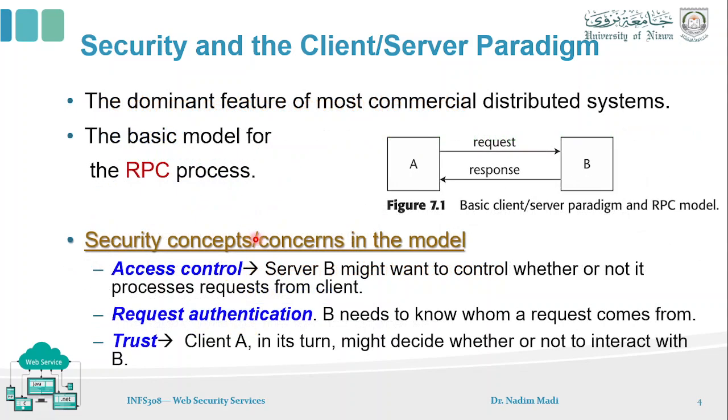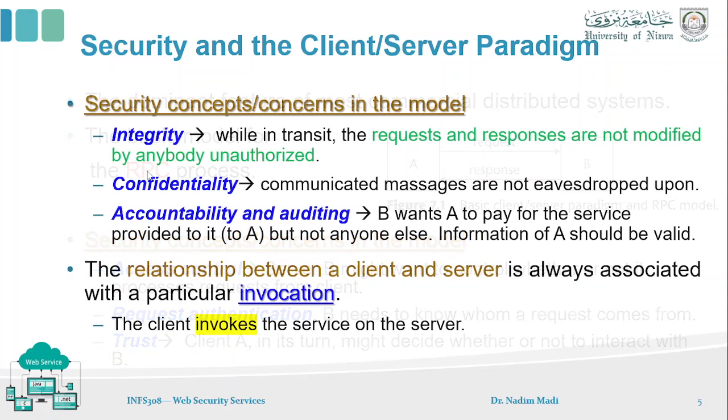You need to expect this as a kind of question, by the way. Whenever you are asked to discuss the client server model and what the security concerns are, that's the scope of your discussion throughout the 6 points here.